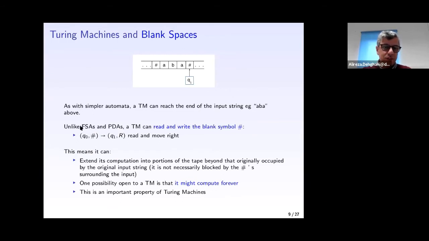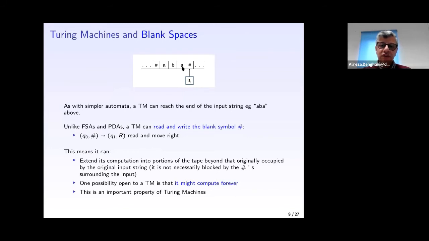At that time, we used to finish at some stage. So unlike finite state automata and push-down automata, a Turing machine can read and write the blank symbol. So that means if you are in here, we read and move right. This means it can extend its computation into a portion of the tape beyond that originally occupied.